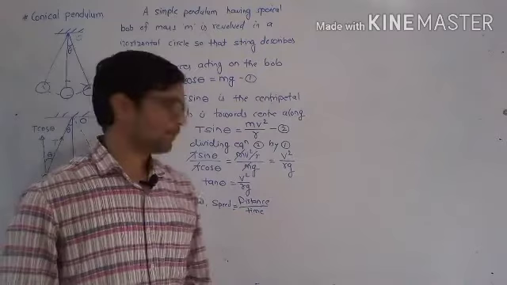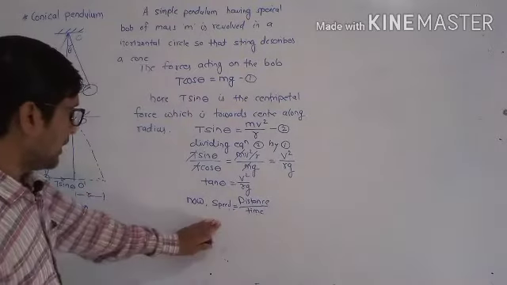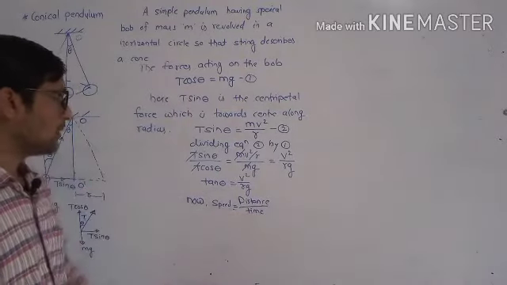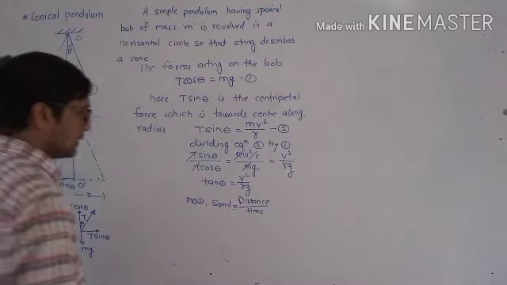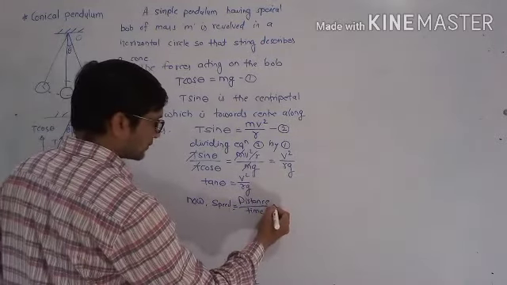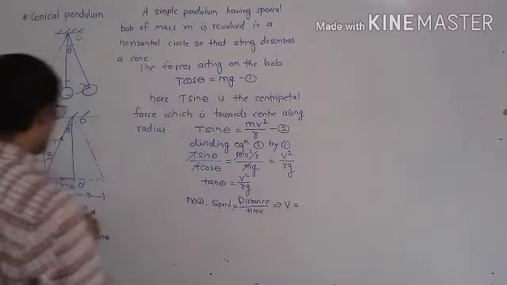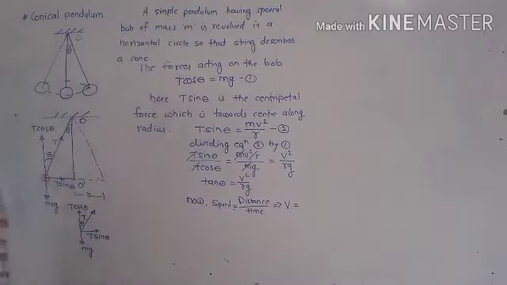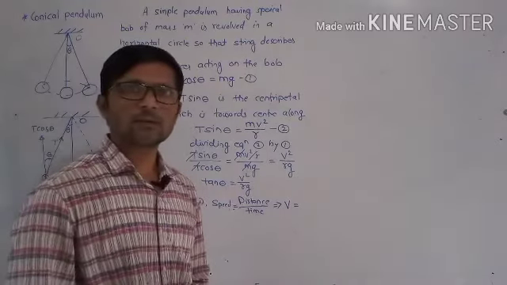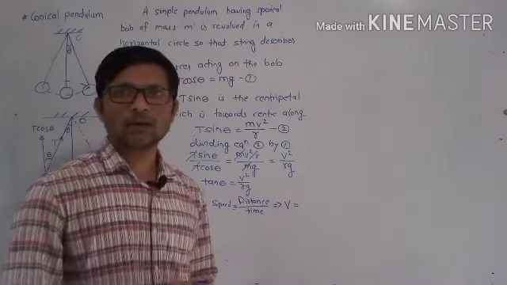Speed is equal to distance upon time. Therefore, v is equal to... now that the bob is performing circular motion, how much is the distance covered by that bob for one complete revolution?